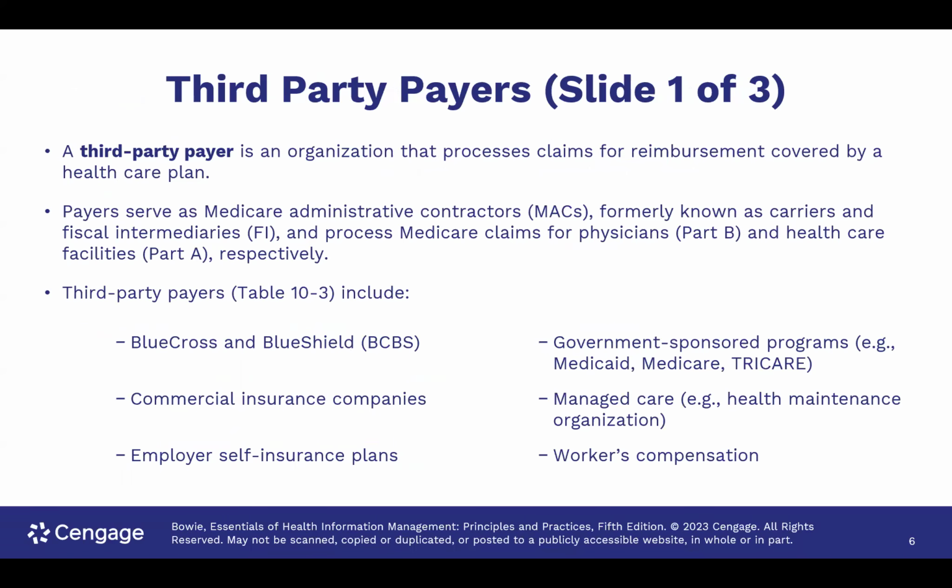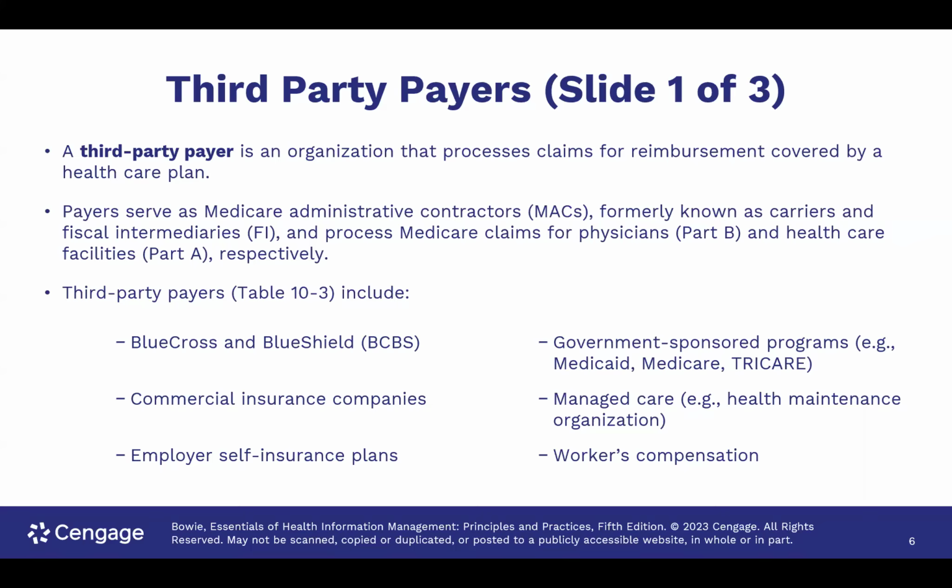When we use the term third-party payer, we're talking about an insurance company. They process a claim for reimbursement that's covered by a health plan, right? Payers can serve as Medicare administrative contractors, formerly known as carriers or fiscal intermediaries, and they process Medicare claims for Part B and healthcare facilities, Part A, respectively.